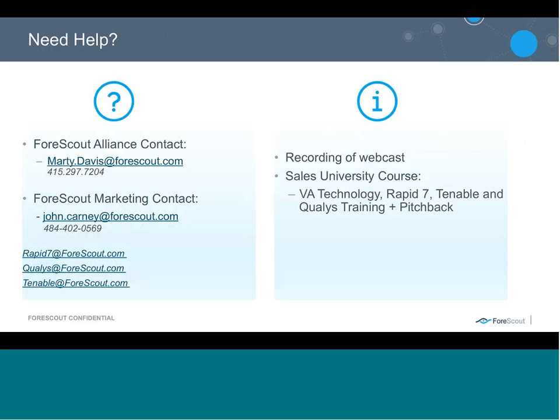Those aren't live just yet at the time of this recording, but they're being set up and will be available so that if you have questions, you'll be able to send it to Rapid7 or Qualys, and they'll get to the right people. As we start to add people and people shift around, we want to make sure that you have a consistent way to get help, and that's how we're going to handle that.